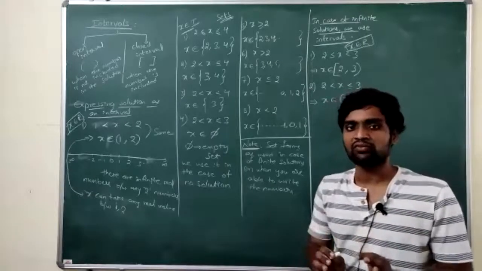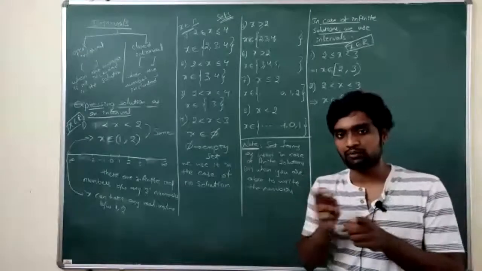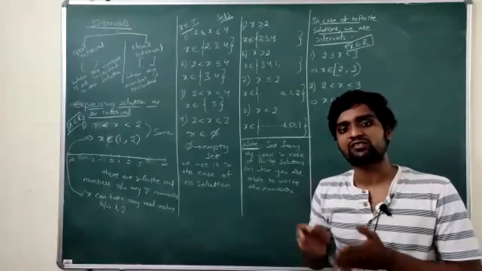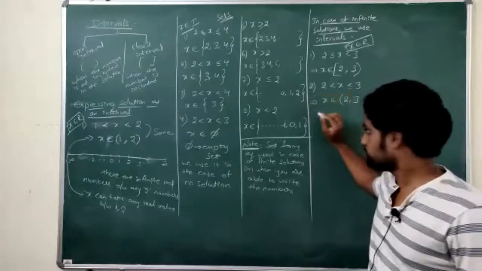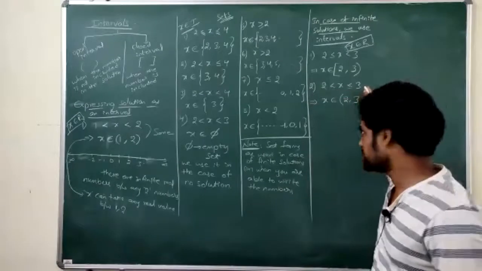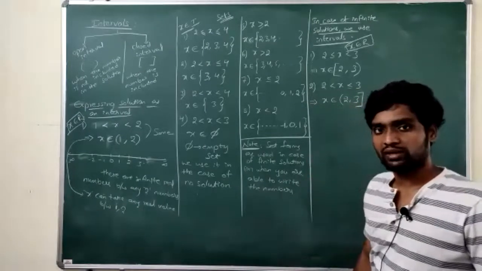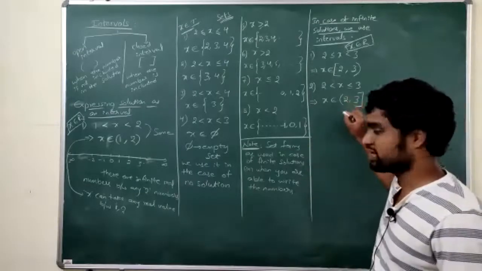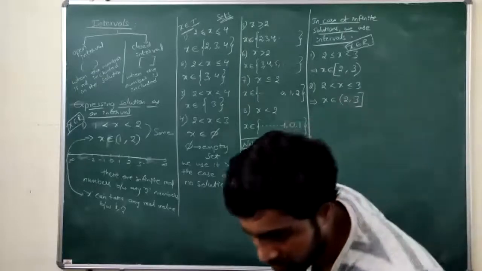No. So open interval. Here, can the value of x be equal to 3? Yes. So 2 comma 3: open interval 2, comma, closed interval 3. That is the answer.